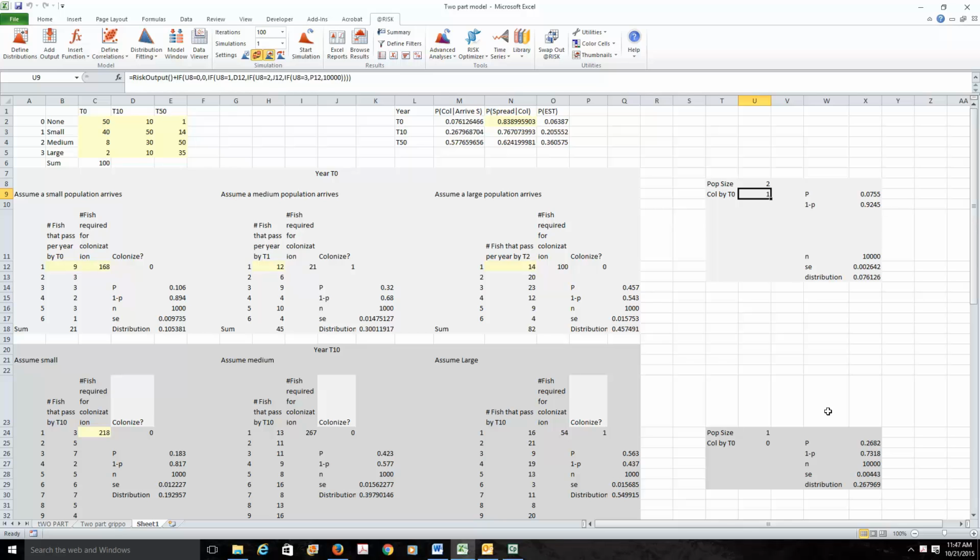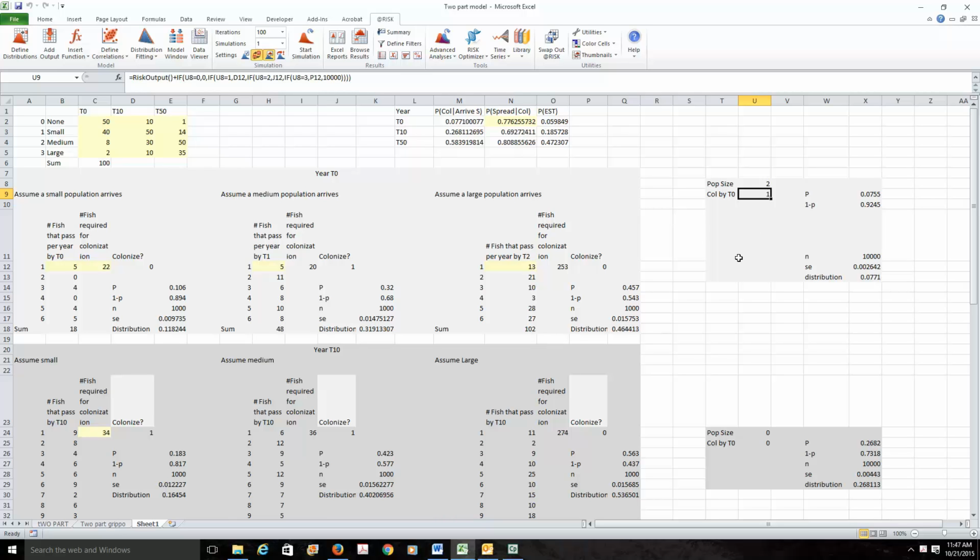Okay? So now here's my second iteration. The population size is 0. That means there is a negligible number of fish that have arrived at Brandon Roads, and so we automatically know that there will be no colonization. So a 0 goes here. There's another iteration.